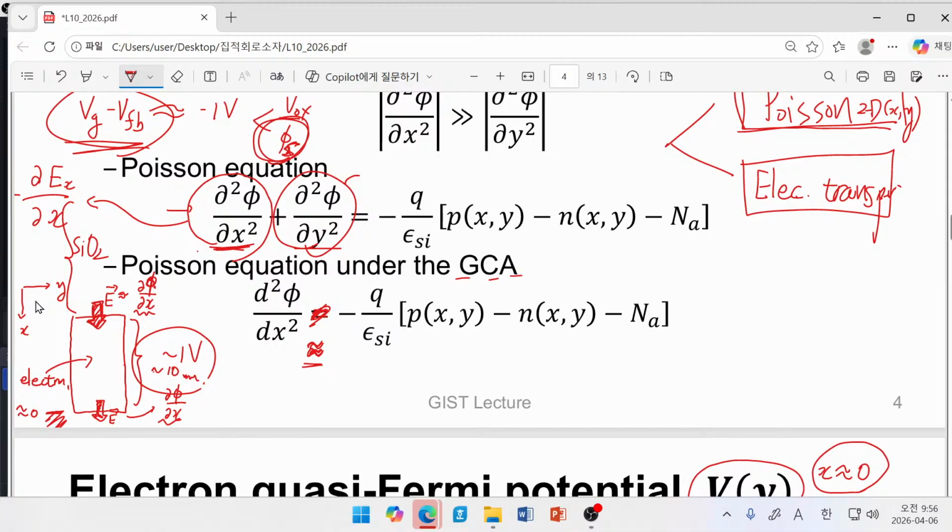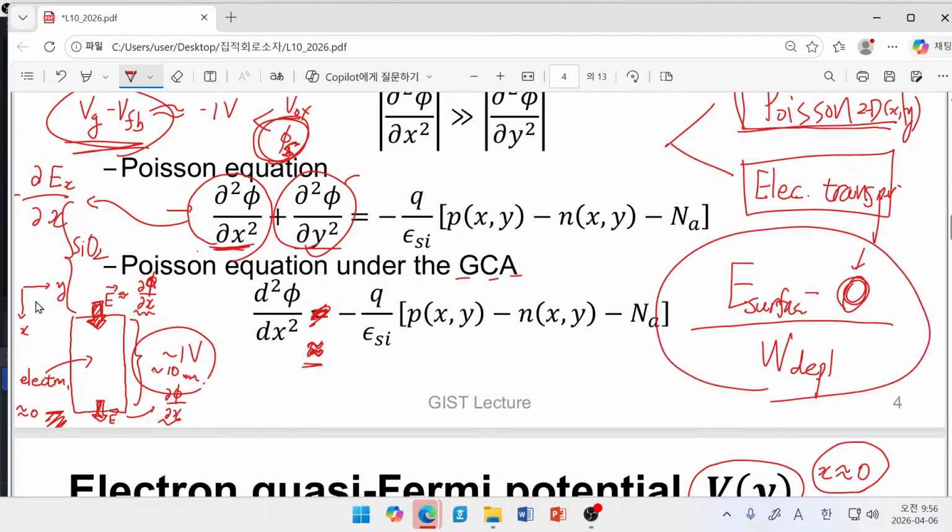So if we have a surface electric field and the field at deep substrate, the distance is about the width of our depletion layer. That will be an average variation of our electric field across the x-directional one.